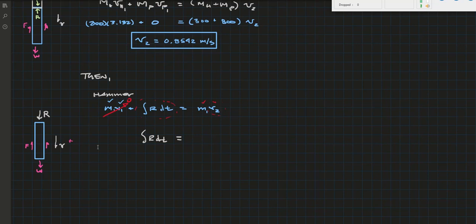And so with the pile here and the free body diagram associated with this, we see that the integral of R dt equals mass 2, actually, 800 times the velocity that we just calculated above, 0.8542. So that means that this impulse must have been 683 newtons. And that's actually newton-seconds.